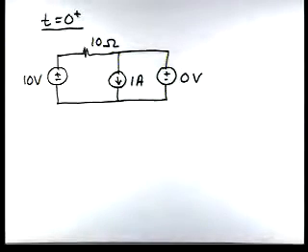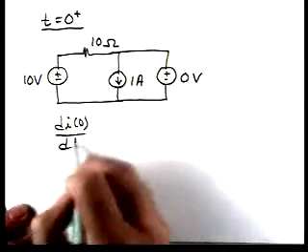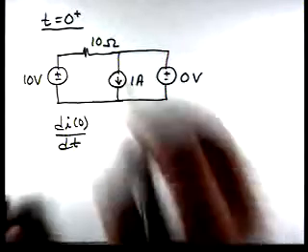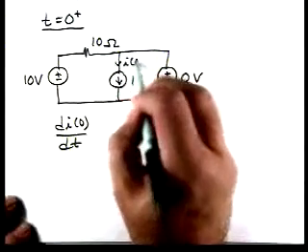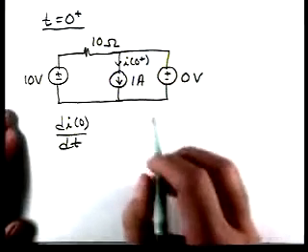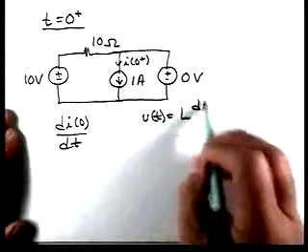Now let's look at t equals 0 plus. What we're really interested in is di/dt at 0. What's the derivative of the current at 0? If we look in our circuit, there's the capacitor, here's the current i(0+), and if we think about the inductor, we would have v equal to L di/dt.